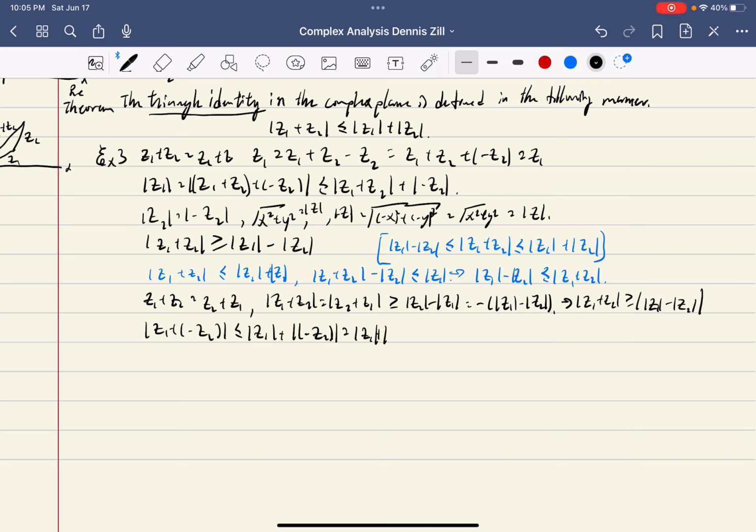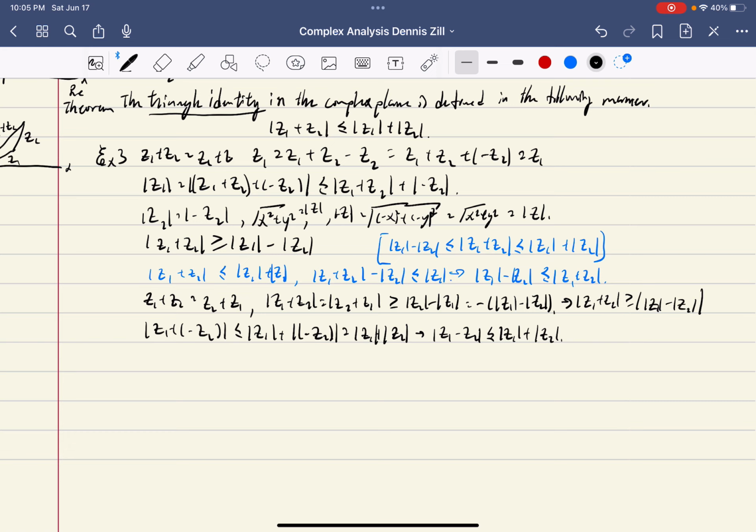We just proved it there, right? And that implies z1 minus z2 is less than z1 plus z2, right?